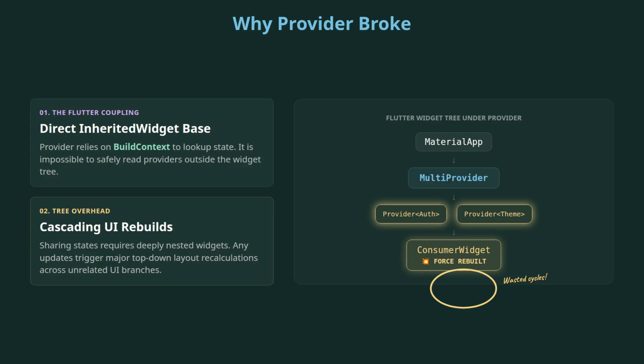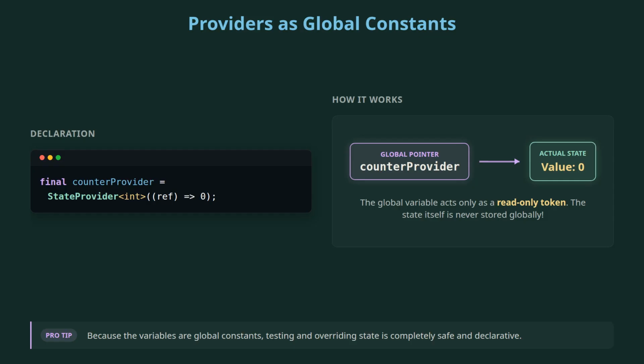This unnecessarily clutters your widget tree, triggers massive cascade rebuilds, and tightly couples your pure business logic to your visual UI layout. Riverpod is an anagram of Provider, representing a total architectural rewrite from scratch by the same creator.